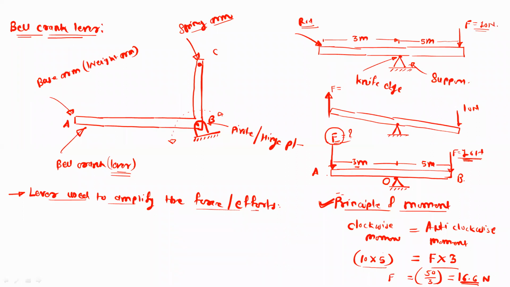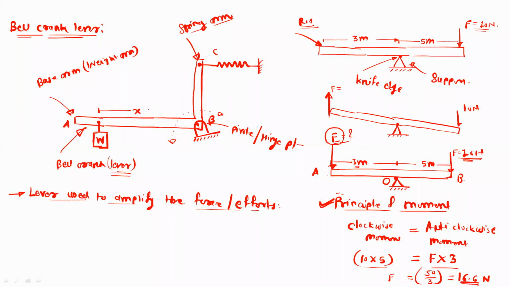So at point C we will connect one spring balance like this. And to arm AB we will connect the weight. This is the known weight. Let us take this as W.